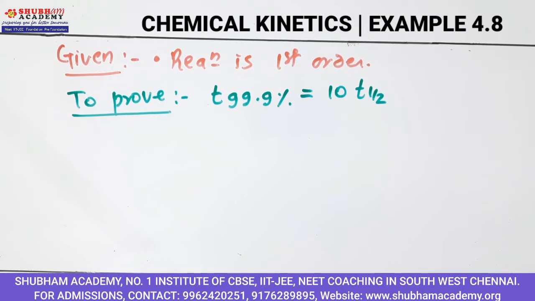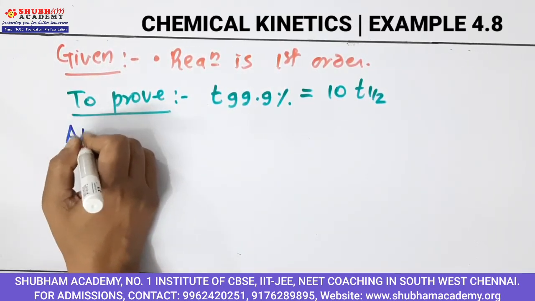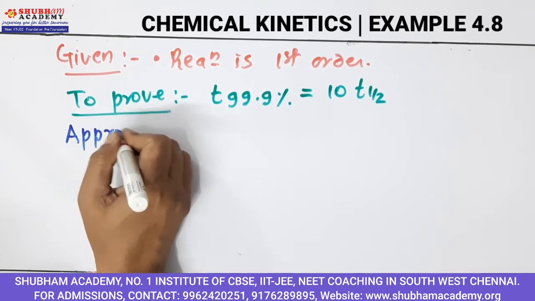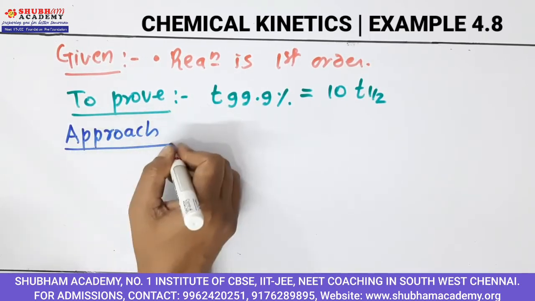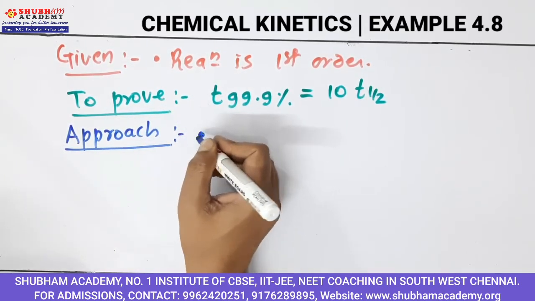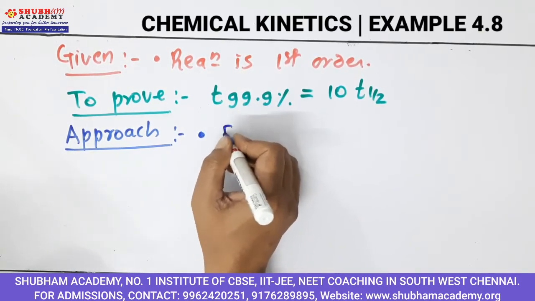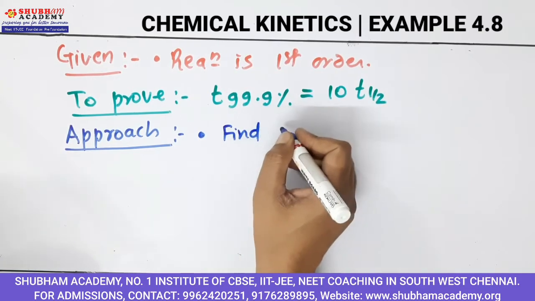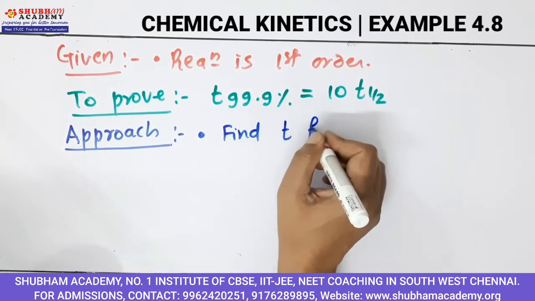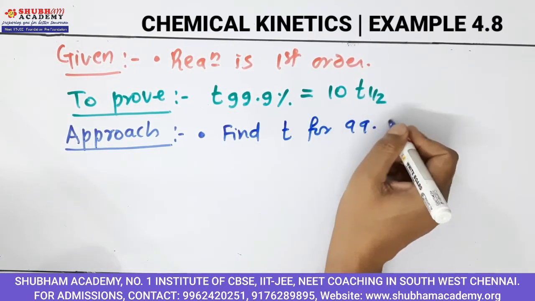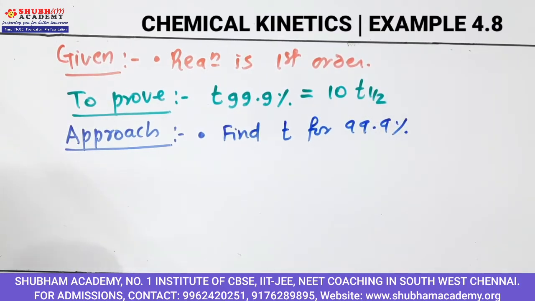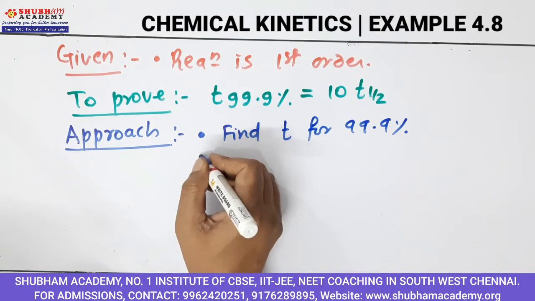Okay. Now what should be the approach? See the approach part. So in what way you should approach this? First find T for 99.9%, that is, the time required for 99.9% completion. Okay.